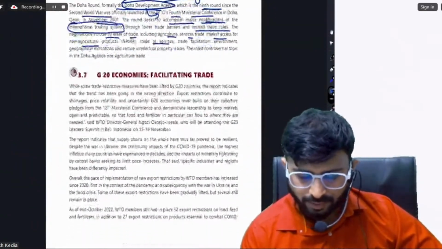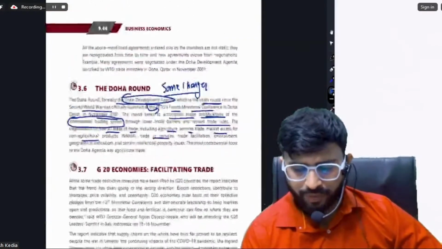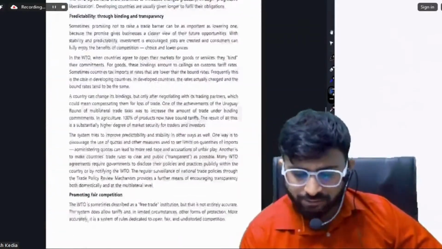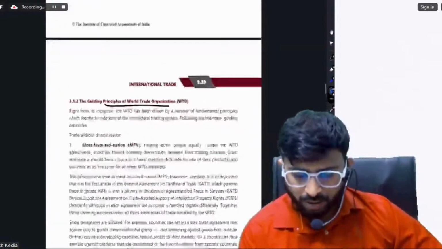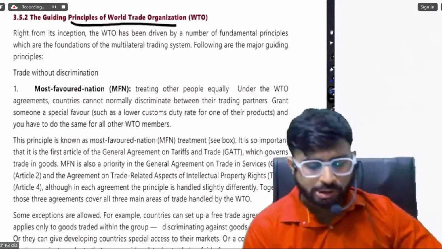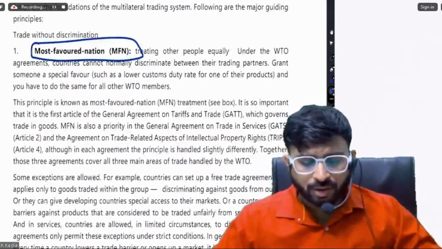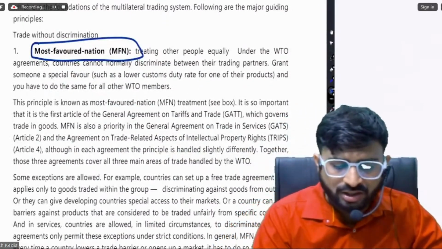Now let's talk about the two important guiding principles of the WTO. Number one is most favored nation status.